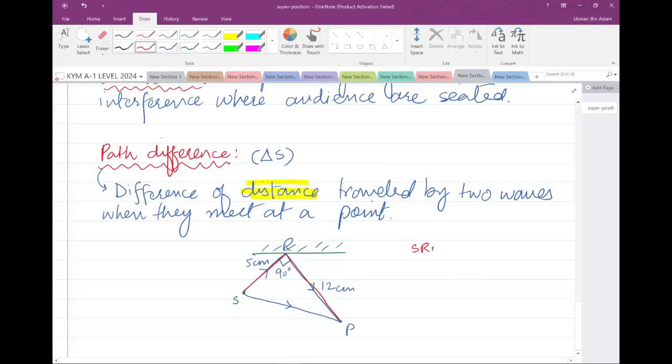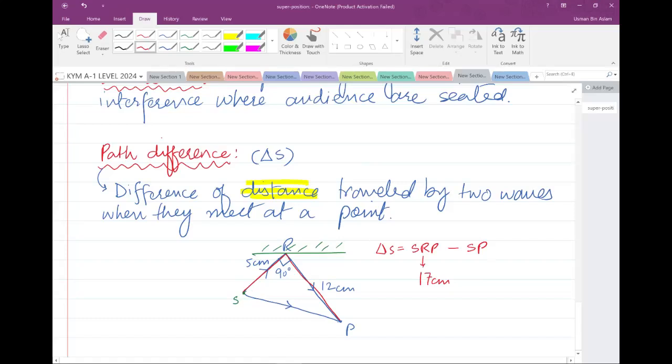So SRP, the total distance is 17 centimeter. Then if you want to find out the path difference, you will find out the distance traveled by one wave and then subtract the distance traveled by the other wave that is coming directly from S to P. How much will that be?